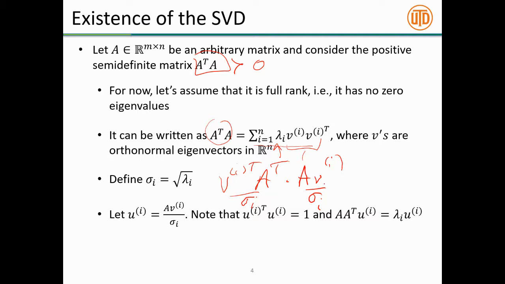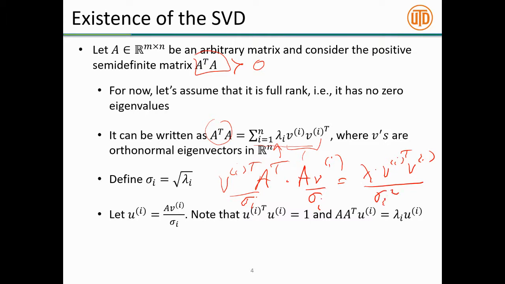By construction, V_i is an eigenvector of the matrix A transpose A. That means that A transpose A times V_i is equal to lambda_i times V_i. So this is just lambda_i times V_i transpose V_i divided by sigma_i squared.